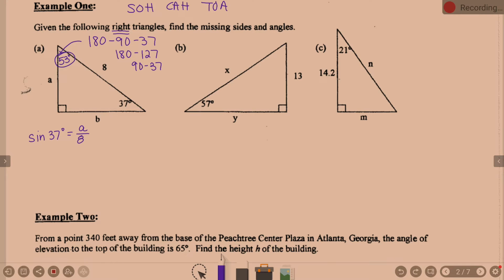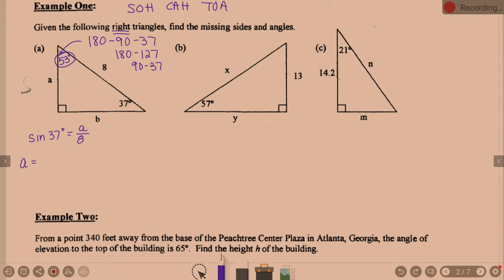Is that an equation you can solve? How do you solve for A? How do you get A by itself there? If it's A divided by 8, we're going to multiply by 8.